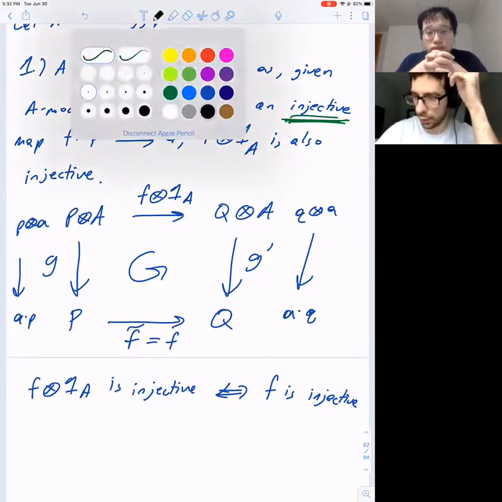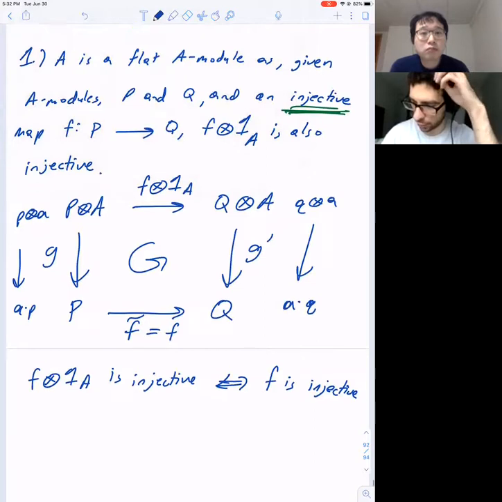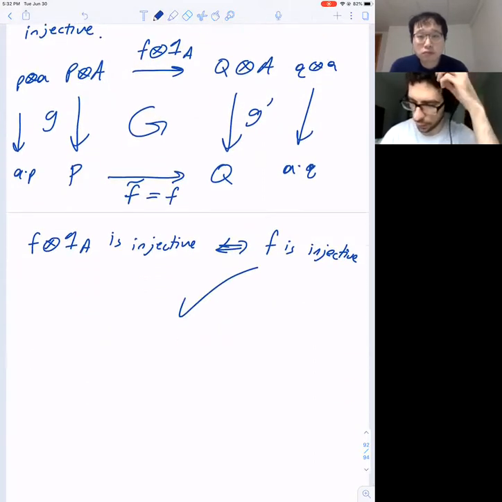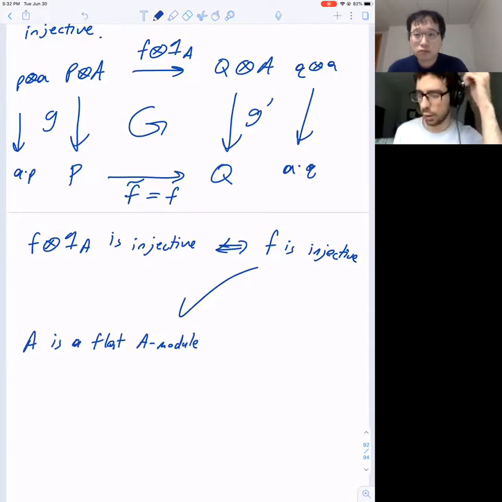So it's almost done because we have proven that A is a flat A module. Okay, great. So A is a flat A module, but I don't want to prove A is a flat A module. I want to prove A bracket X is a flat A module.